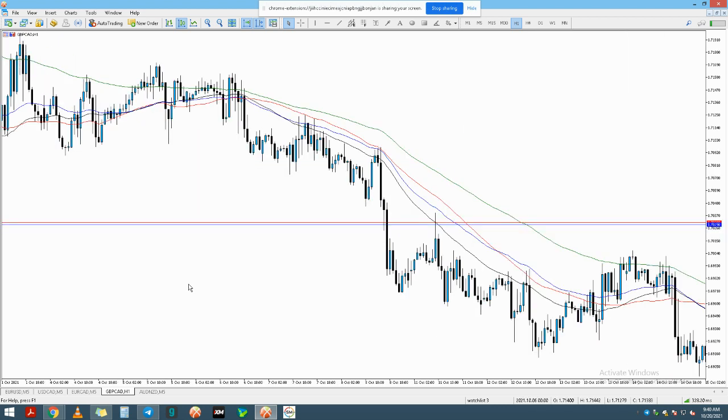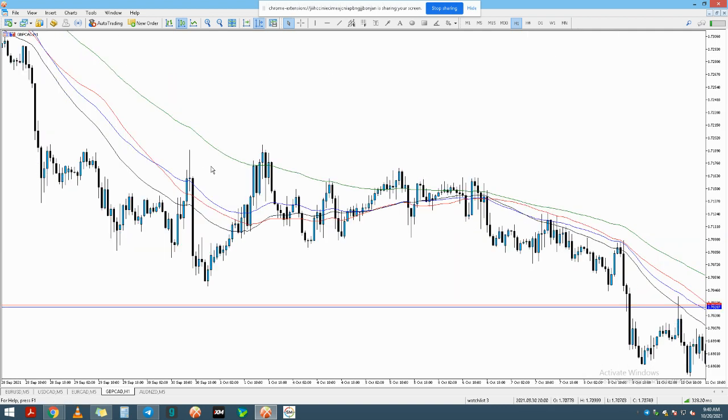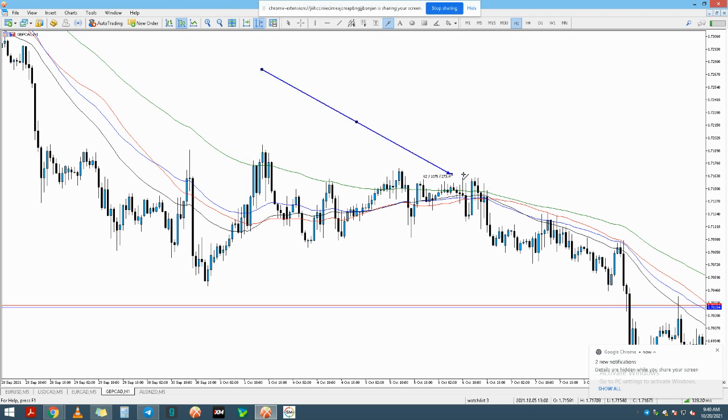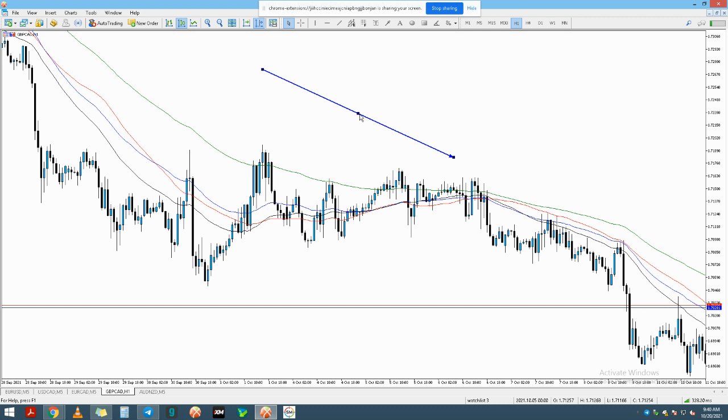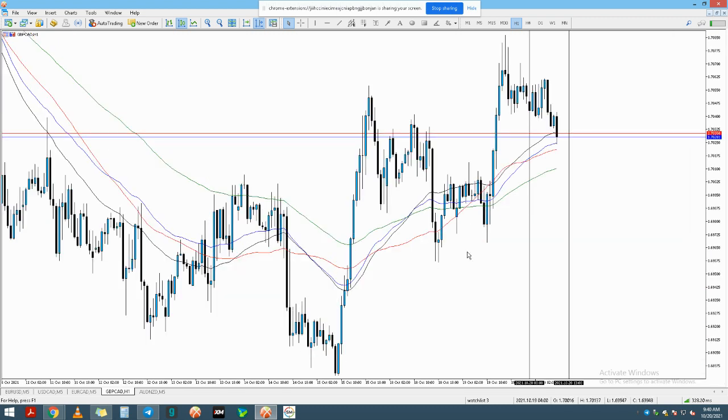Now, if I scroll back a little bit, just hold on. If I scroll back, you should be able to see that most of the time price comes to a moving average and then it holds as either a resistance or a support. Do you see all this? So when I'm using this indicator, it's not like I'm using all of them. I'm just focusing on one of them.